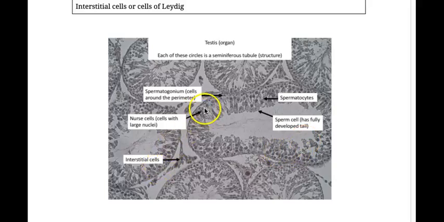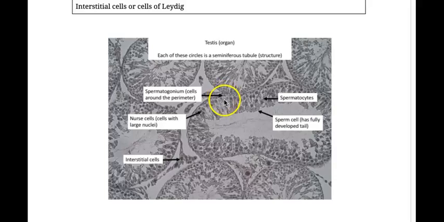These large cells here, right just inside that perimeter, those are our nurse cells, or sometimes they're called Sertoli cells. They are basically going to help the sperm cells mature. These spermatogonia are the cells that are dividing, or I guess the stem cells for sperm.